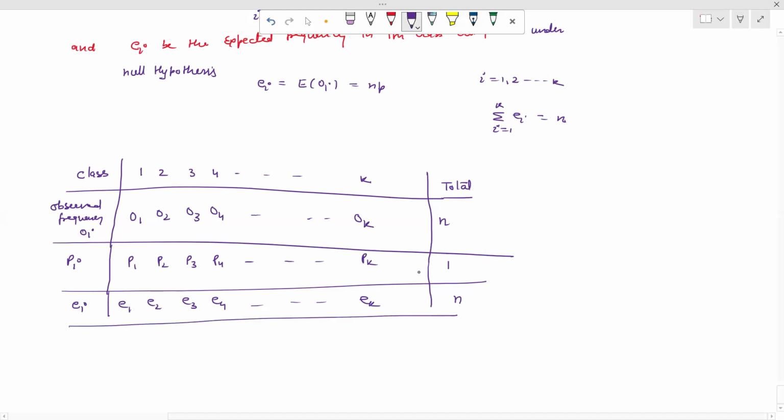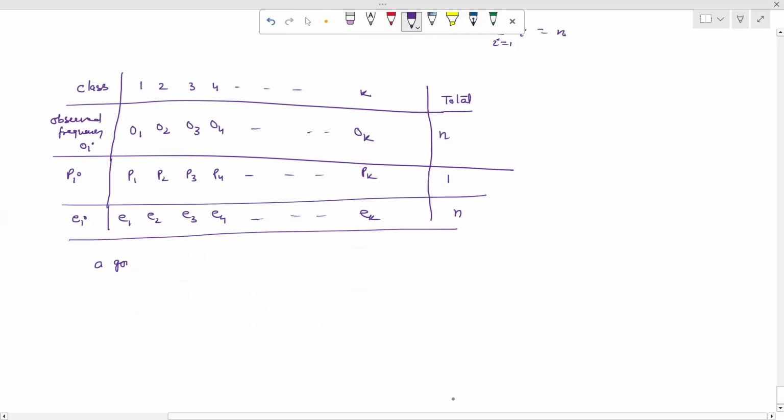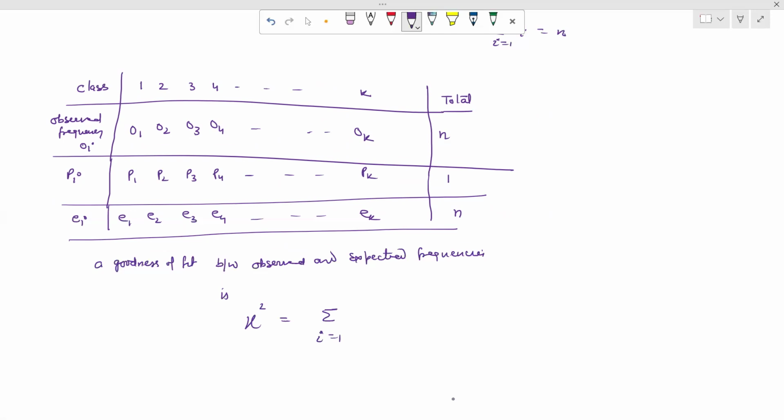So when we go for the goodness of fit between observed and expected frequencies, we can calculate it as chi square is equal to summation of i equal to 1 to k, of Oi minus Ei to the whole square upon Ei.